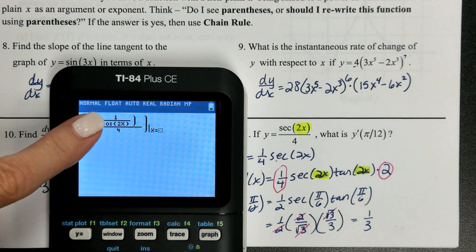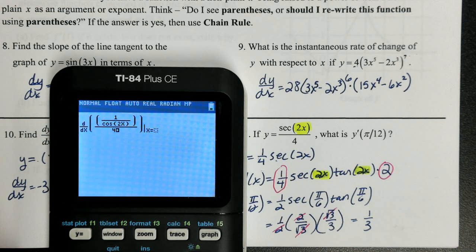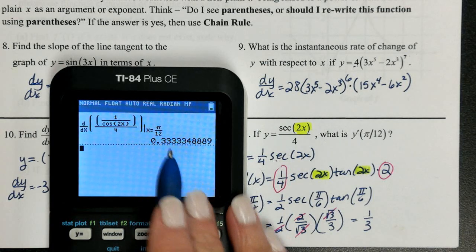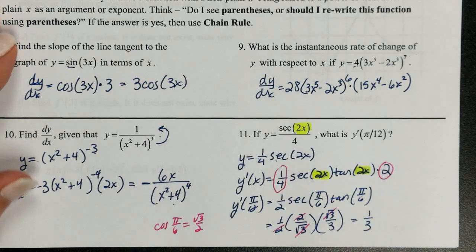So that's secant of 2x over 4, and I'm evaluating that at pi over 12. 0.333334888. So there's the error, and do you see the 1/3? I see the 1/3.